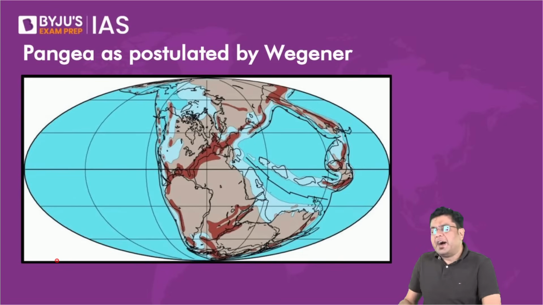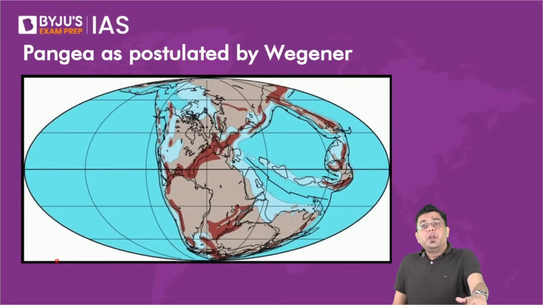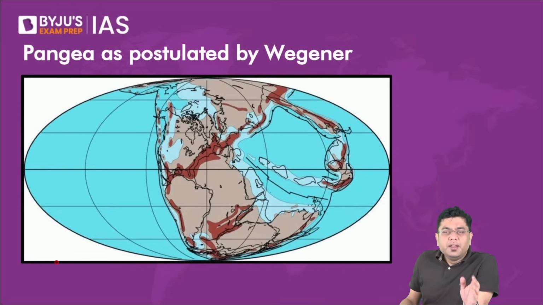So as per Wagner, based upon the evidences, and we have also talked about it repeatedly now while discussing, the drift has been made possible in two distinct directions. One of the directions is westward, whereby he was convinced that North and South America are drifting westward away from the region of Africa and Europe.